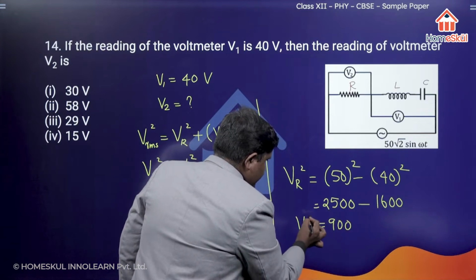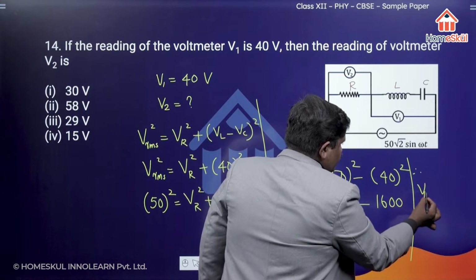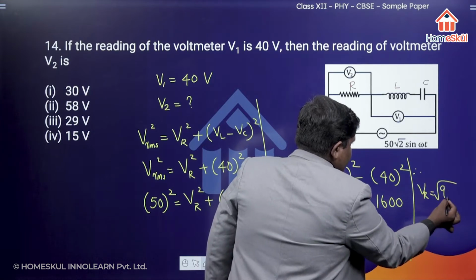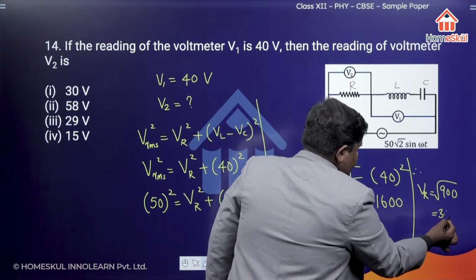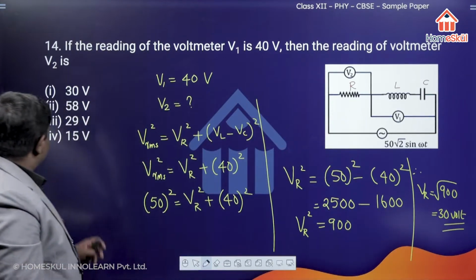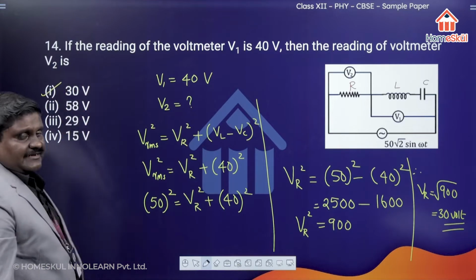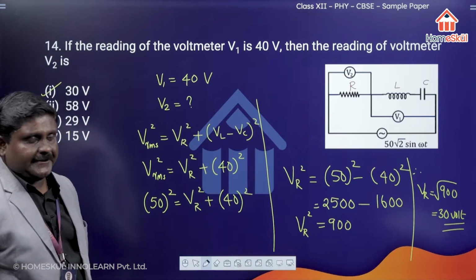So VR square is equal to 900. Therefore VR is equal to root of 900, that is 30 volt. So let's go for the option, the first option is the correct answer, that is 30 volt. Clear?